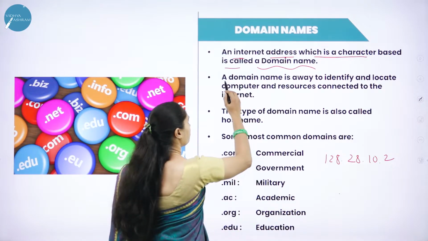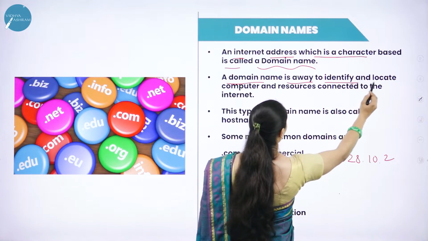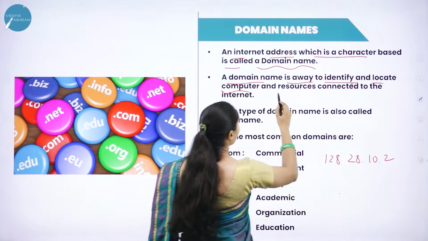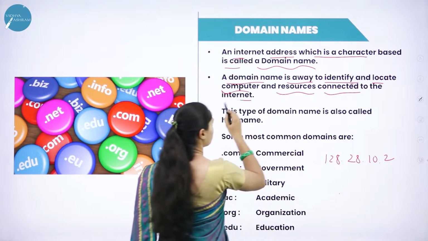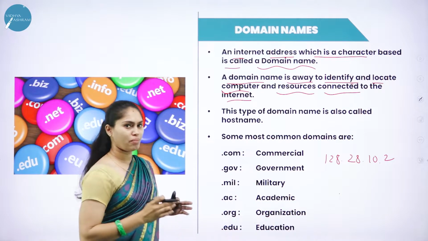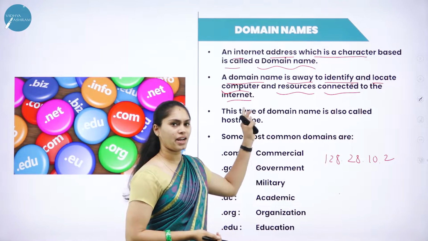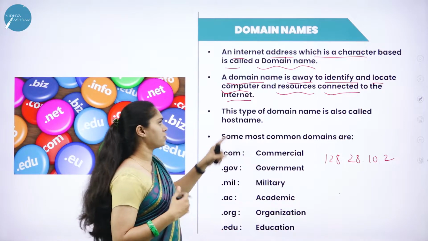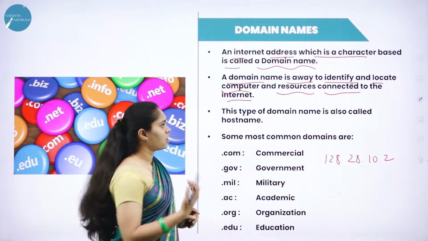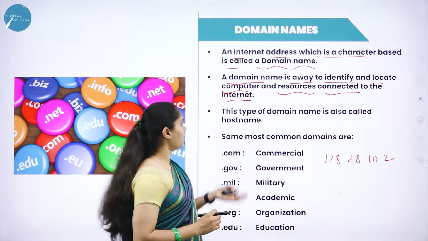Also, a domain name is a way to identify and locate a computer and its resources which are connected to the internet. With this domain name, we can identify and get to know the location of the computer and resources connected to that particular internet.